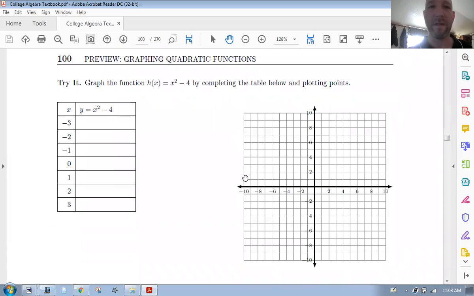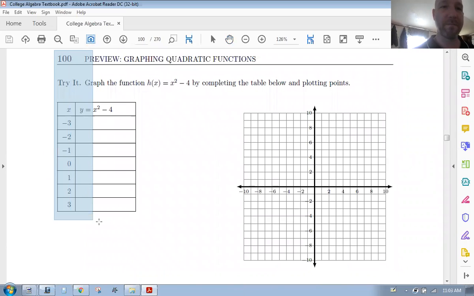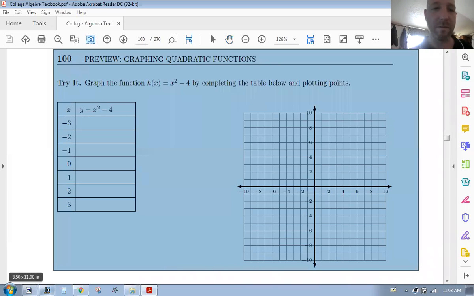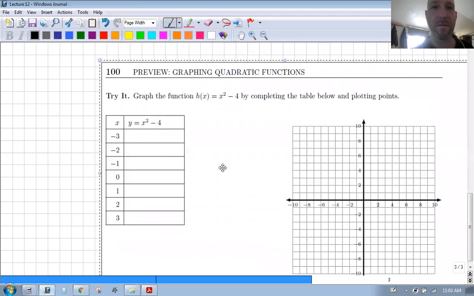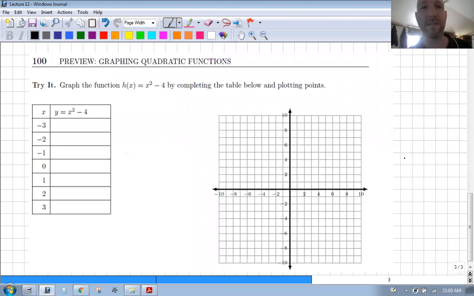All right, we're on page 100 now. So we're gonna graph x squared minus 4. Remember last time we just graphed x squared, and x squared looked like this. Okay, so now we're doing the same thing, except we're subtracting 4 from everything.